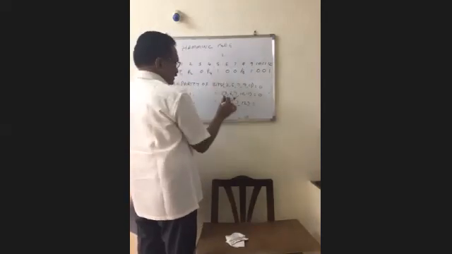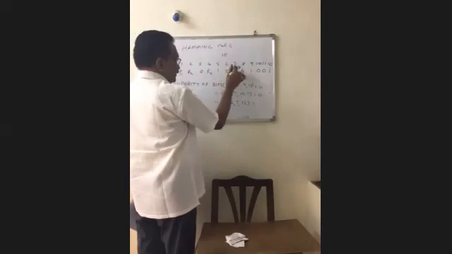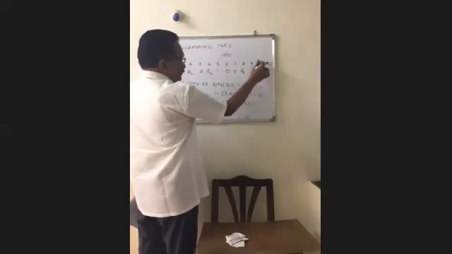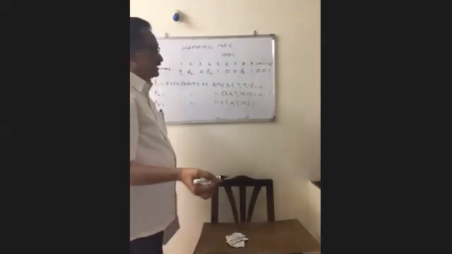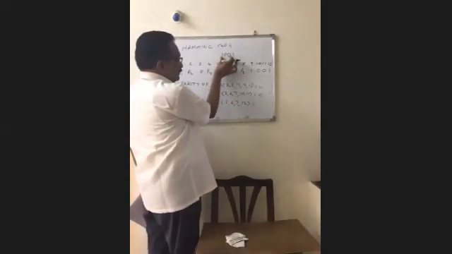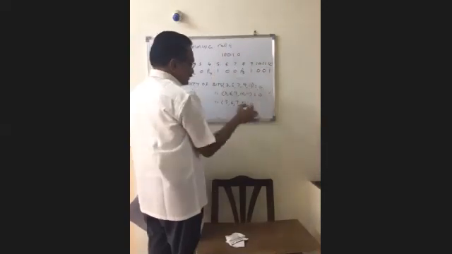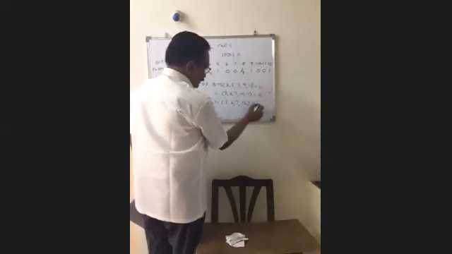Bit 5 is 1, bit 6 is 0, bit 7 is 0, bit 12 is 1. So what is the even parity bit? The total number of ones here is an even number, so the even parity bit is equal to 0.